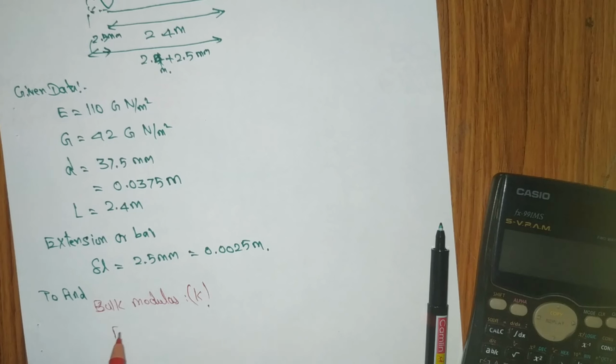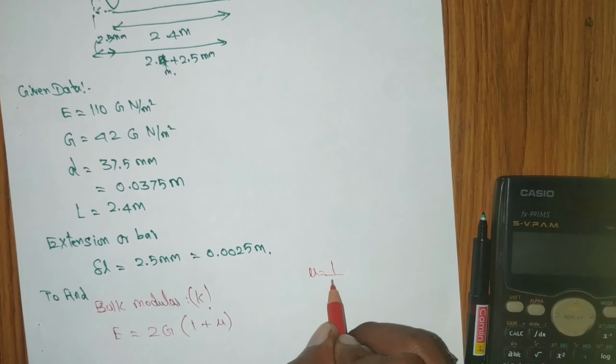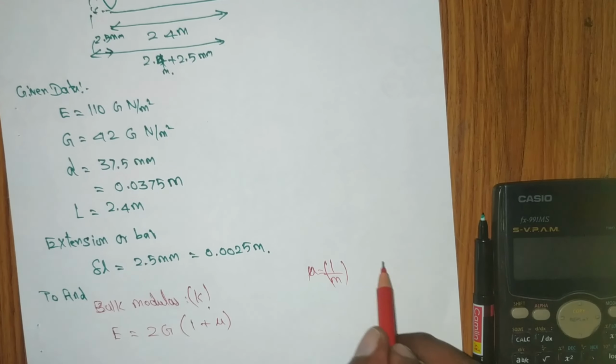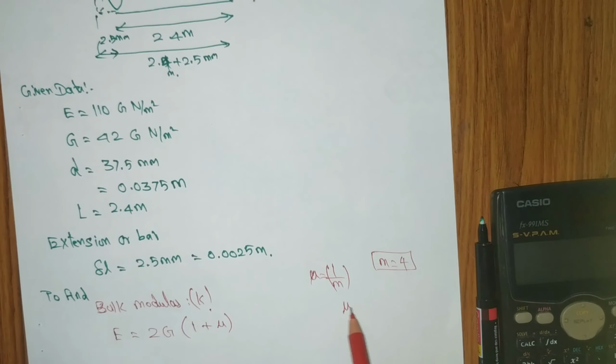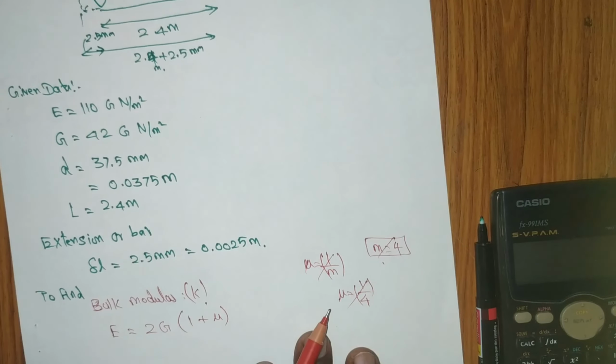We need to find E equal to 2G(1 plus mu), what is this? Poisson ratio, mu, right? So Poisson ratio we can also write as 1 by m. In some cases they will give m value, m equal to some 4. We need to find out mu equal to 1 by 4. Like that only we need to find out the Poisson ratio.